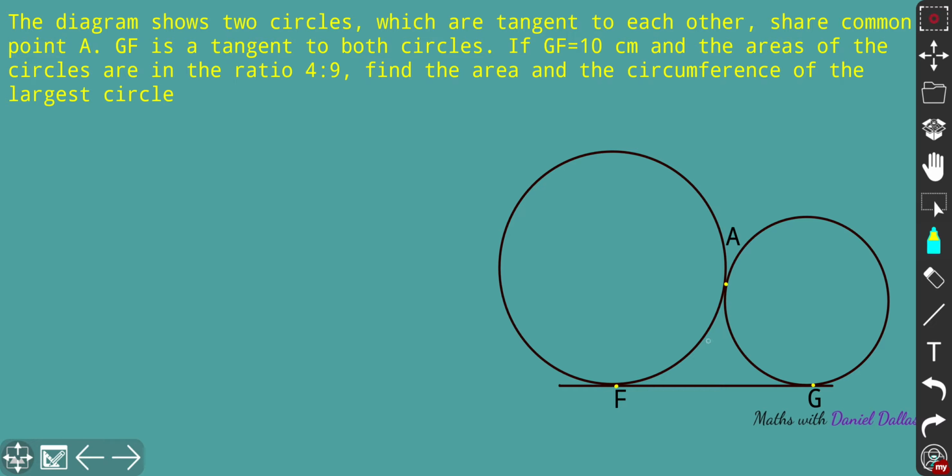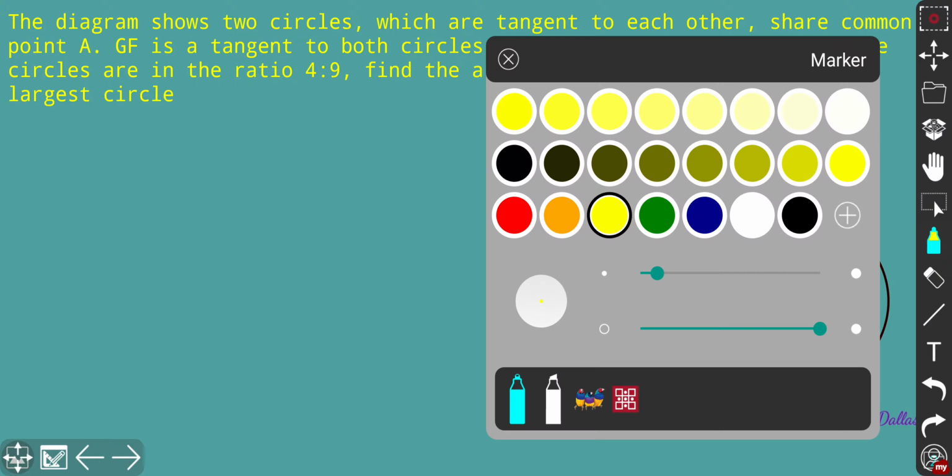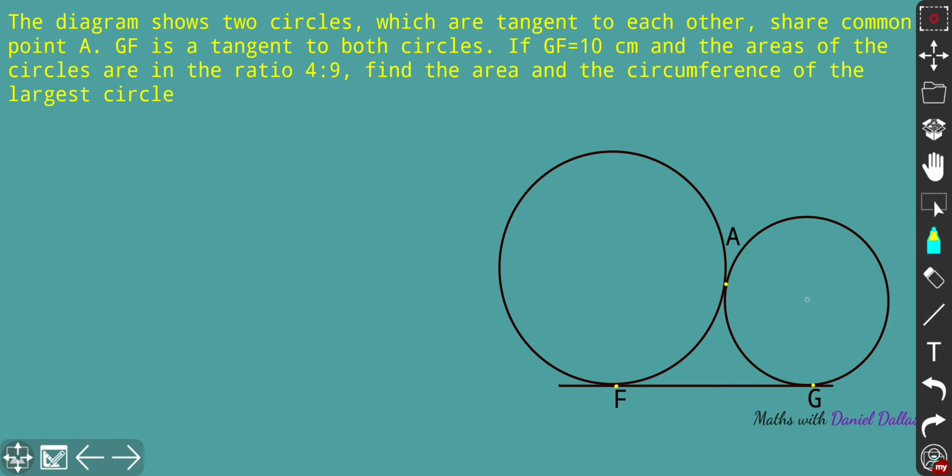So we have two circles with centers, let's say O1 and O2. Let's say this is O1, this is another center, let it be O2.